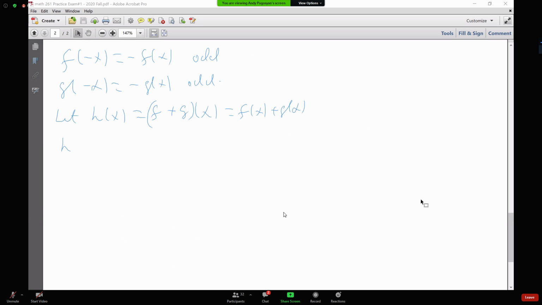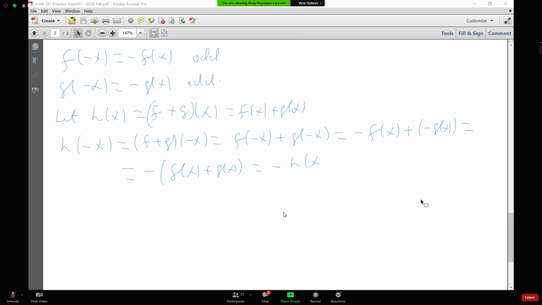Now, h of negative x, which is f plus g of negative x, is f of negative x plus g of negative x. Both of them are odd, so it equals negative, we can factor out, you get f of x plus g of x, which is negative h of x. So what's the conclusion? It's odd.